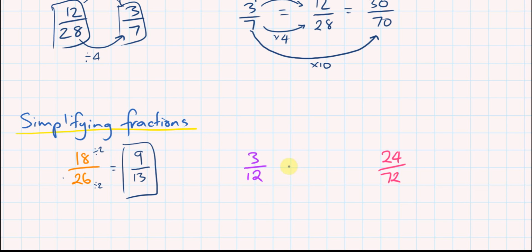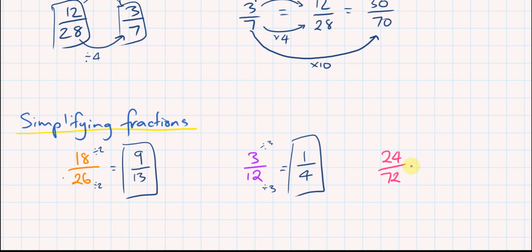Okay, 3/12. I can see here that both 3 and 12 are divisible by 3. So if I divide both the numerator and denominator by 3, I get 1/4, and that's as simple as you can break it down to.